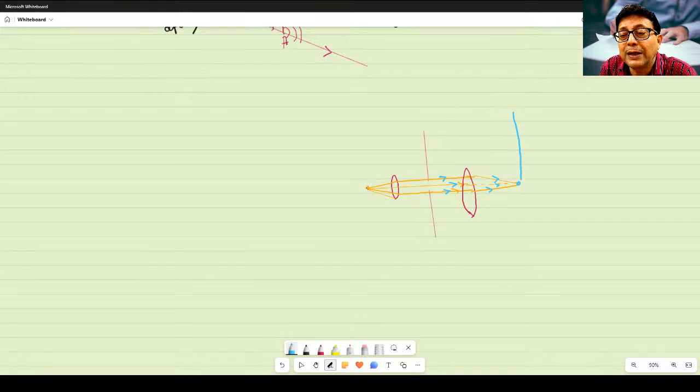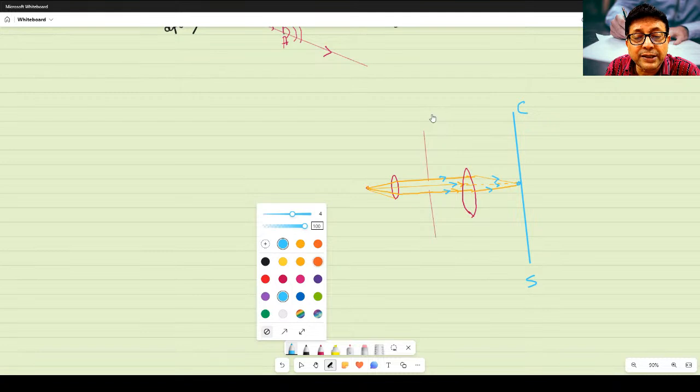If we keep a screen over there, just assume this one is the screen, then you will observe that the intensity of the light here at this point is like this.